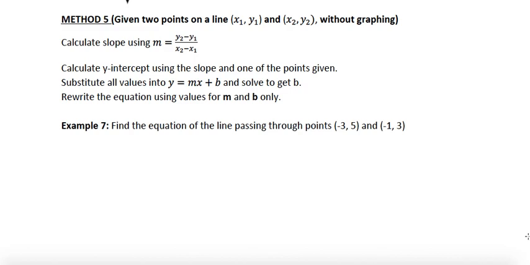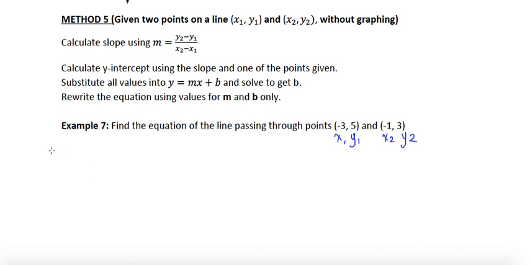So the first thing we want to do is calculate the slope using our formula y2 minus y1 over x2 minus x1. So remember, when we are given 2 points, we want to label one as x1, y1, and the other as x2, y2. And like I said, if you label this one x2, y2 and that one x1, y1, it doesn't matter. You're going to get the same value for your slope.